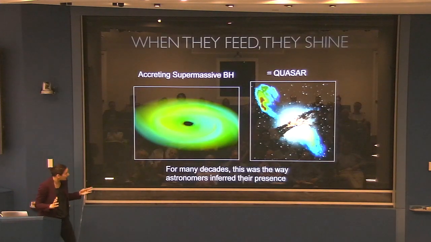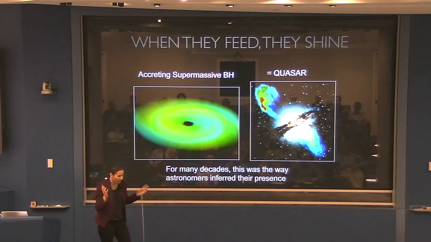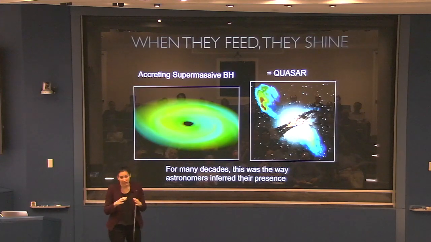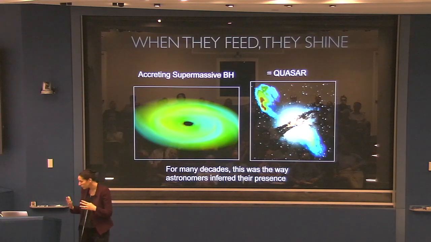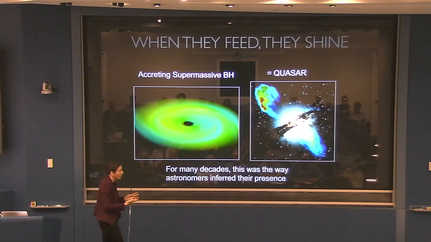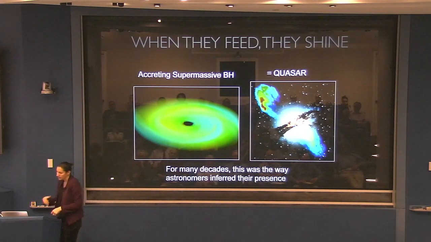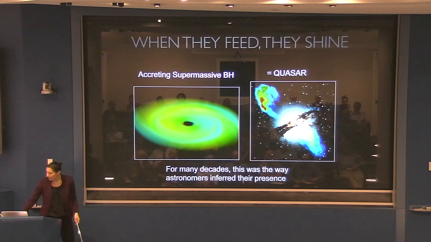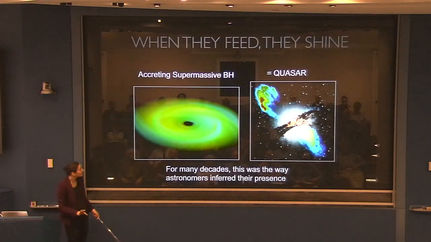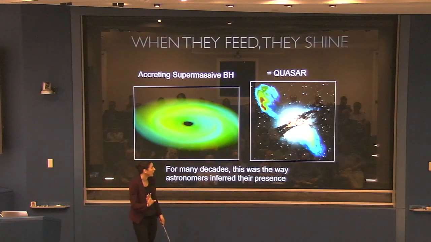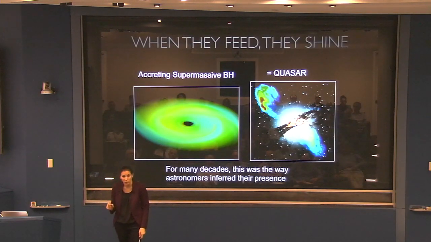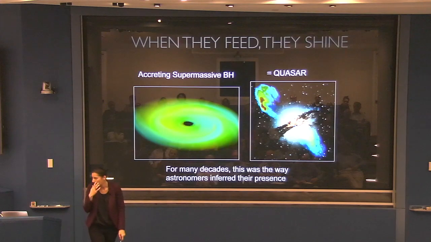Now, when black holes feed, you think of black holes as sucking things up, and in fact, we see black holes with accretion disks. They shine as quasars when they accrete matter. For many years, this was the only way that people had any clue about black holes observationally.